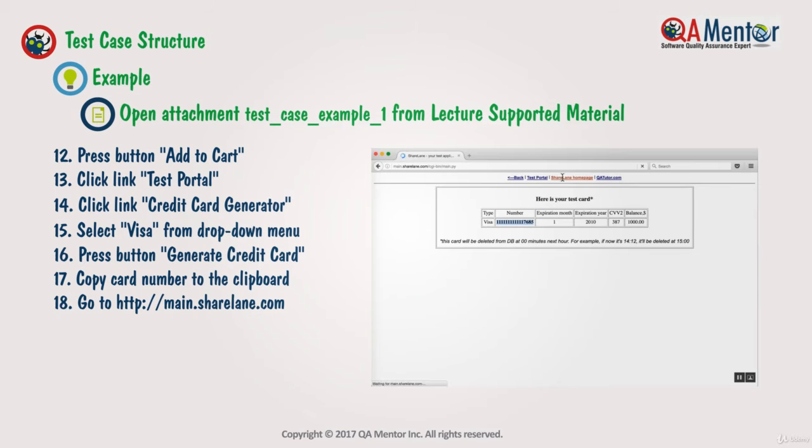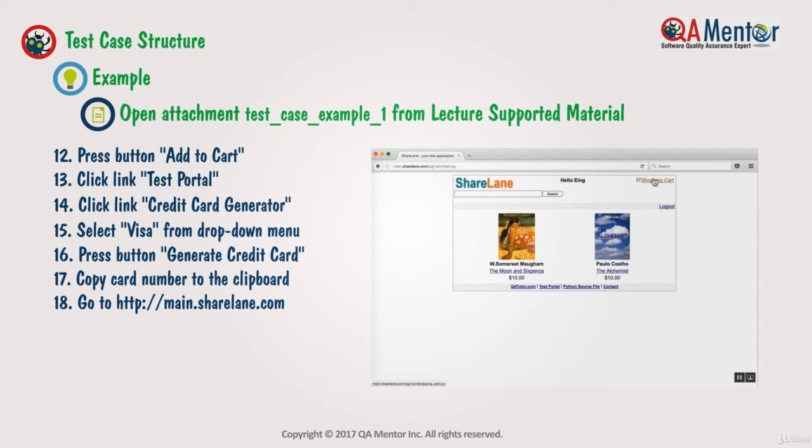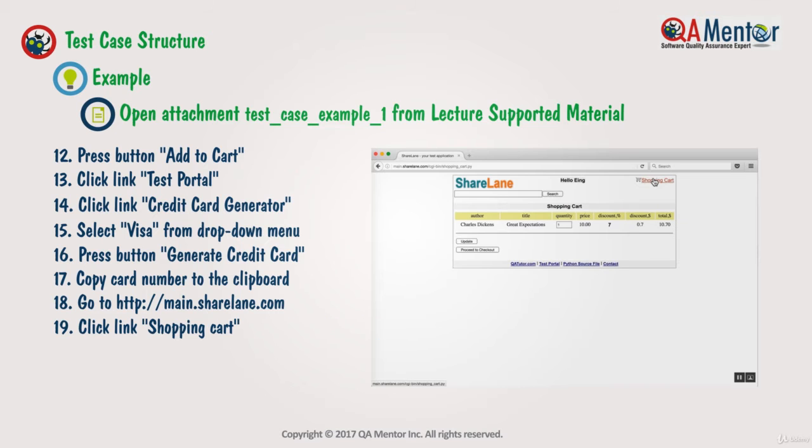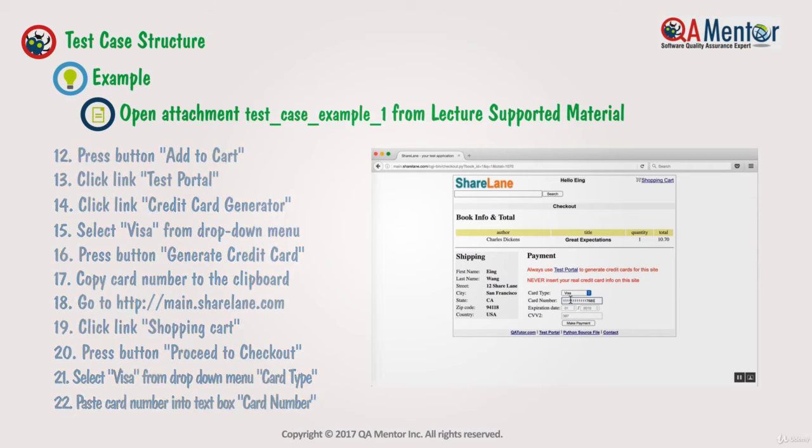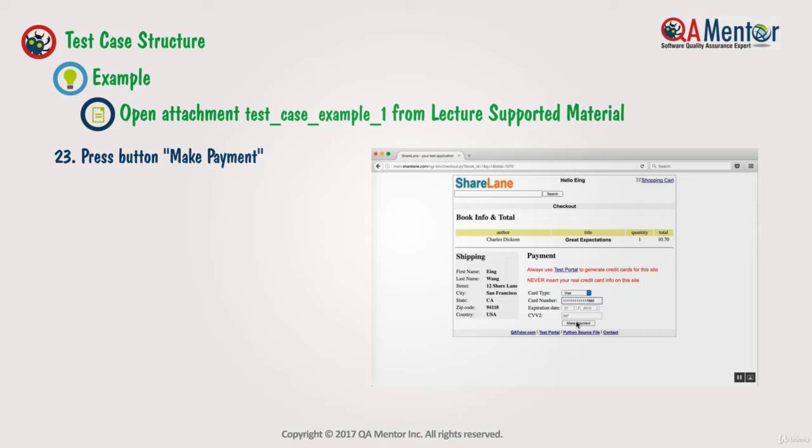Go to main.sharelane.com. Click link Shopping Cart. Press button Proceed to Checkout. Select Visa from drop-down menu Card Type. Paste card number into text box Card Number. Press button Make Payment.